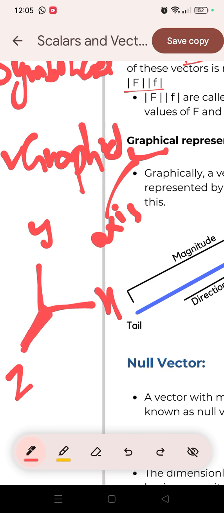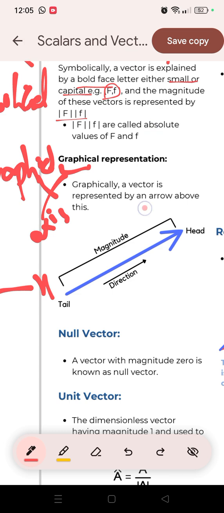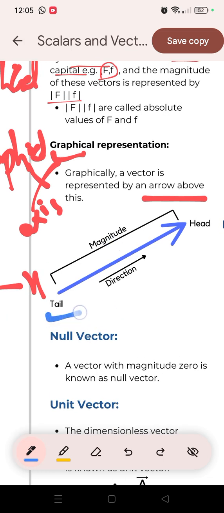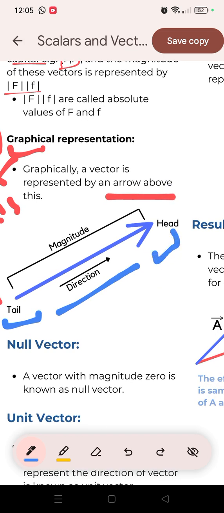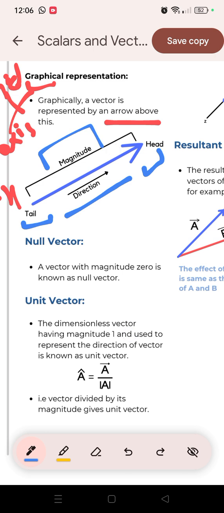So these are the axes. The word graphical means the same. So these are represented by an arrow. First, these have the tail, and it shows the direction, and they have the head. So when all these things are present, this means there is a magnitude of any vector quantity. So this was about graphical representation.